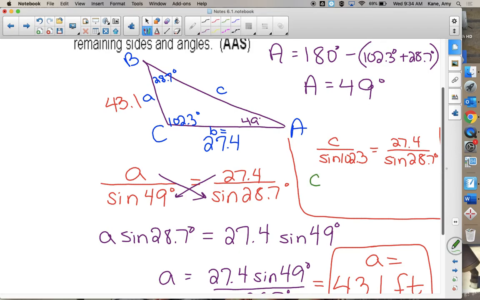So when you plug C into your calculator, you should have 27.4 times the sine of 102.3, and then you're dividing that by the sine of 28.7 degrees.